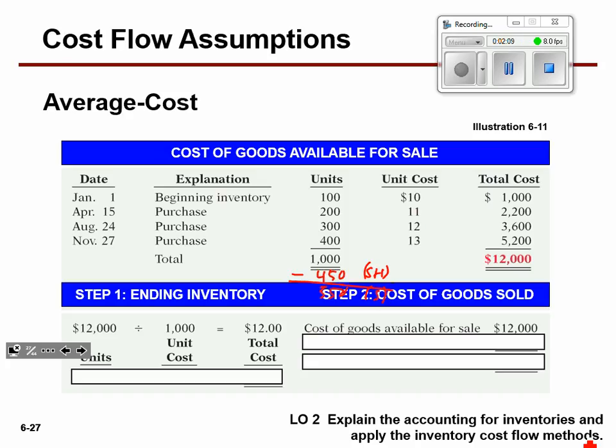But look at how easy it is to figure out our cost. You simply take 12,000 divided by how many things we had to say, on average, who cares if it was 10, 11, 12, or 13? On average, the stuff costs 12 bucks.